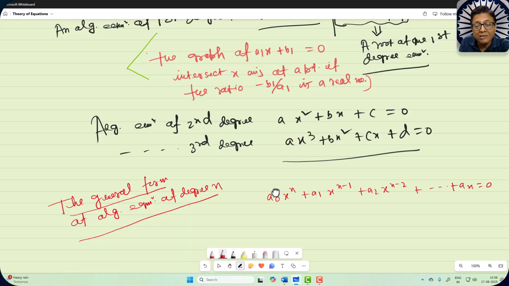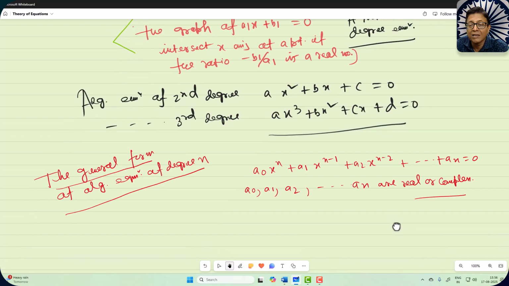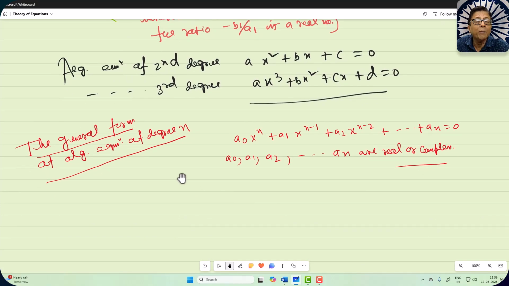These coefficients a0, a1, a2 and an are real or complex. May be real, may be complex. All may be real, all may be complex also. Some of them may be real, some of them may be complex. So, the general form of algebraic equation of degree n is actually the degree of that polynomial.